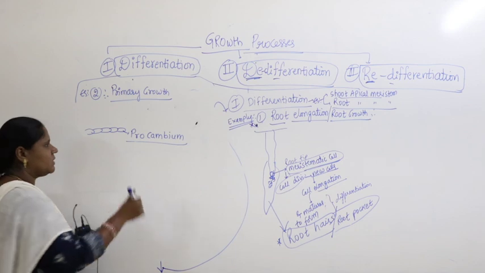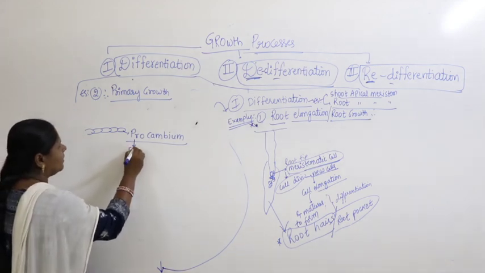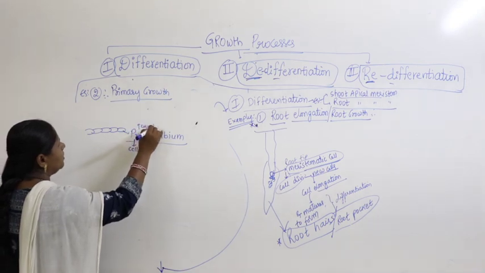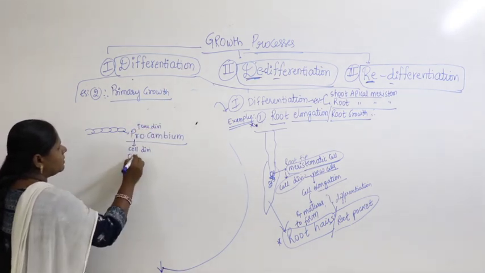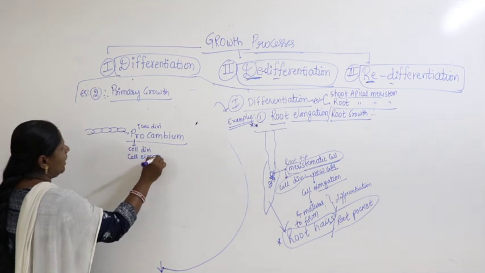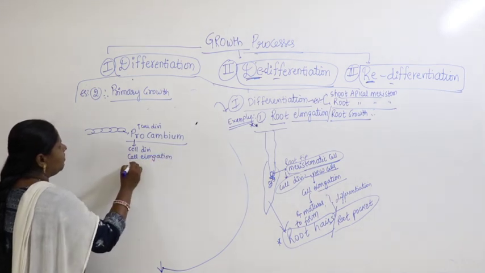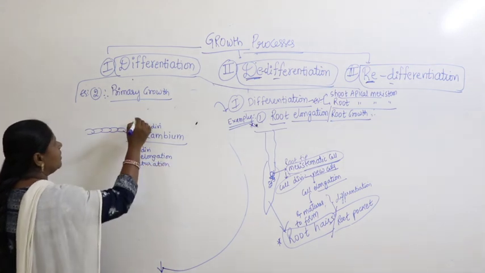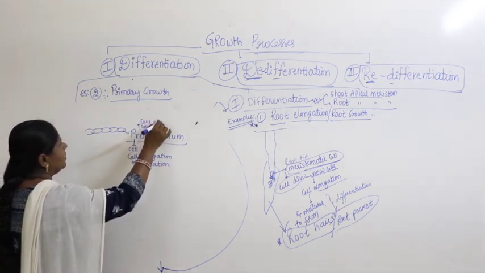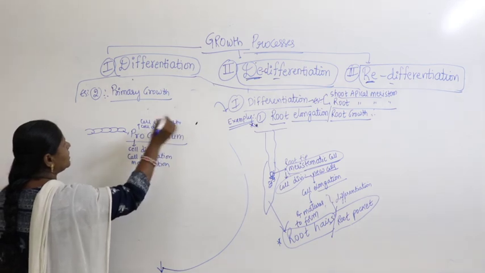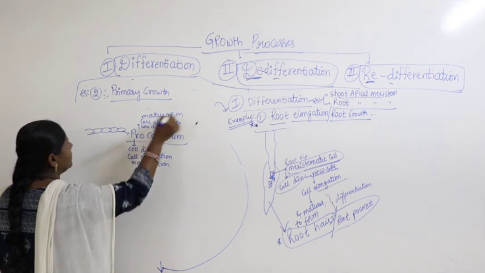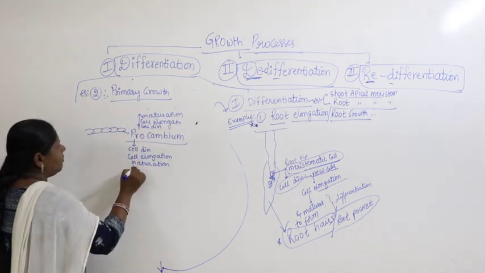The procambium cells will undergo cell division on either side, followed by cell elongation, and then followed by maturation or formation of permanent cells. So here also cell elongation, and as a result of this maturation, it leads to the formation of mature cells, permanent cells.